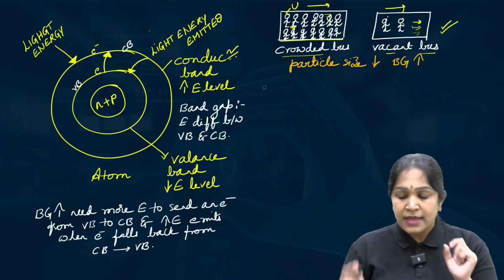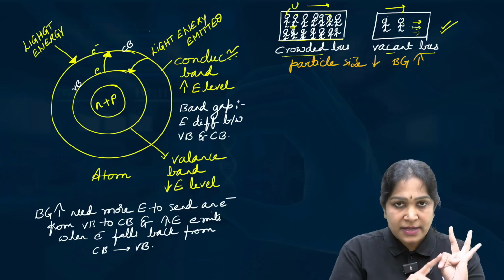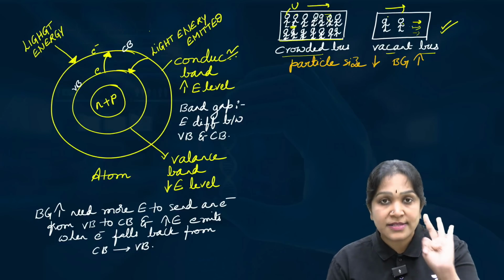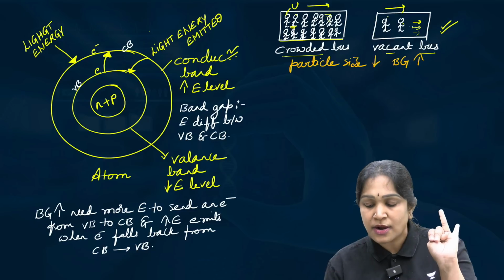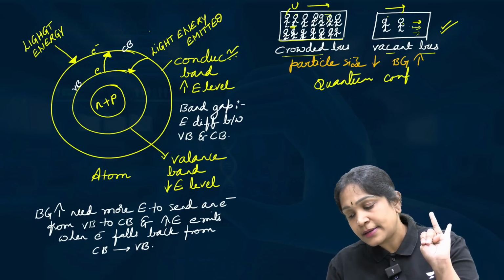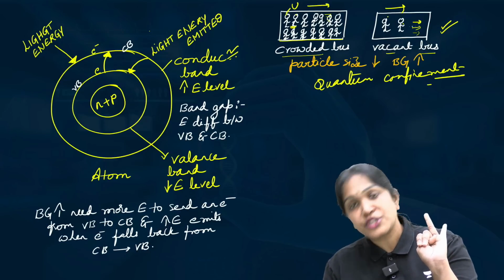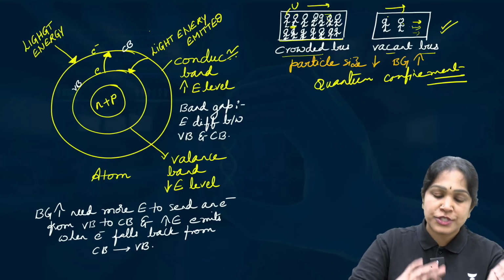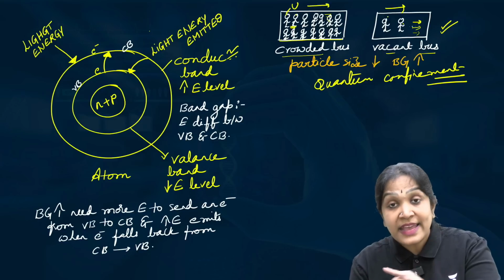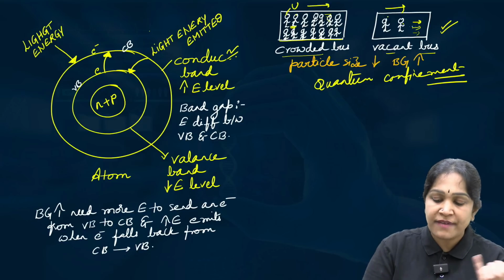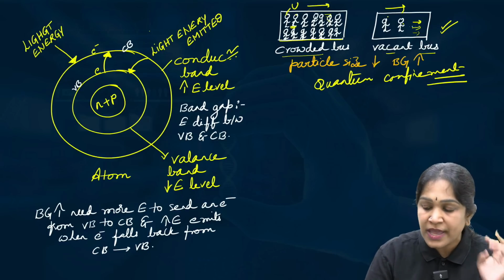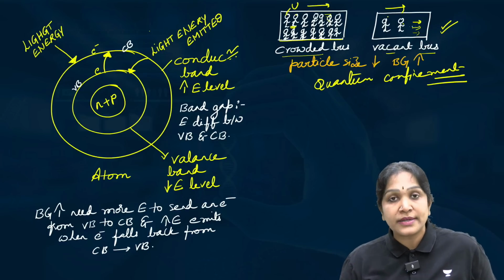I repeat, in the nanomaterial, when the particle size is very small, the electrons are crowded, congested or confined. That is called quantum confinement. In this condition, you need a lot of energy to push the electron from the valence band to the conduction band, or a high energy light will be emitted when the electron falls back from the conduction band to the valence band.